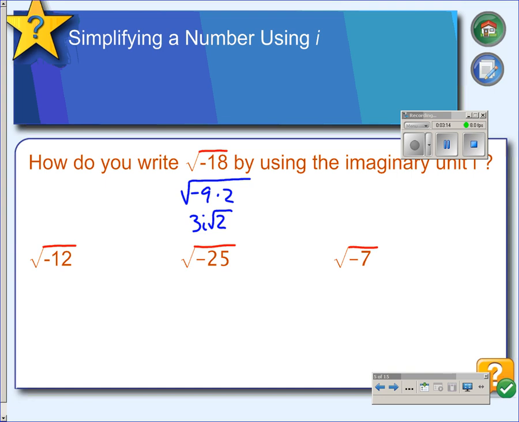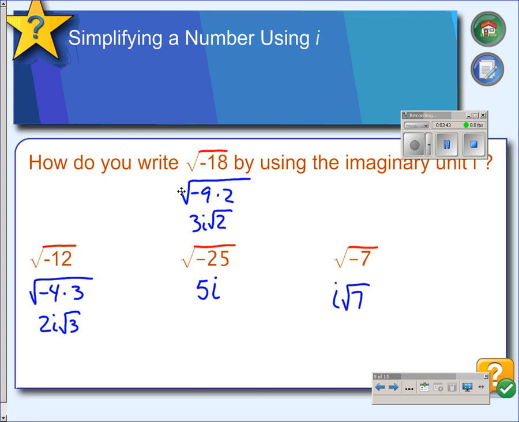Similarly, with the 12, 12 is 4 times 3. So the square root of negative 4 is 2i, but 3 is not a perfect square, so it stays in the radical. Square root of negative 25 is just 5i because 25 is a perfect square. And the square root of negative 7, 7 does not have a perfect square, so we just take the i out of the radical, so that's i times the square root of 7.